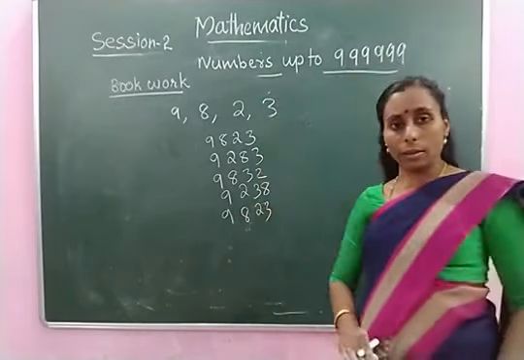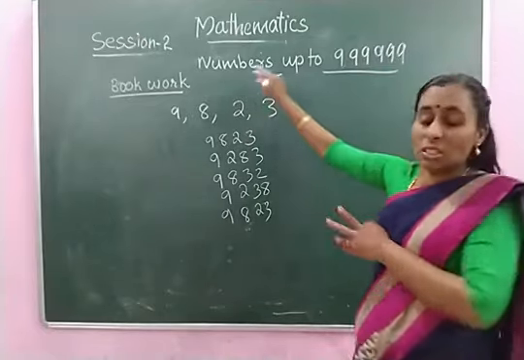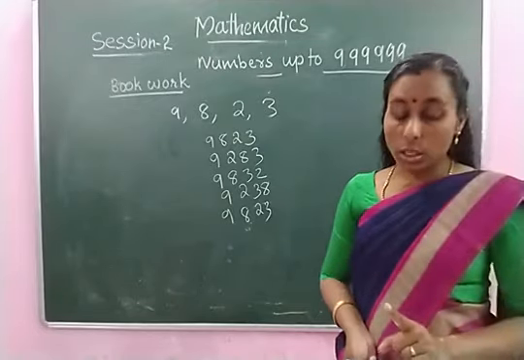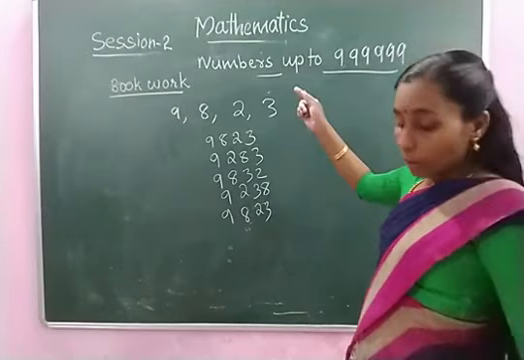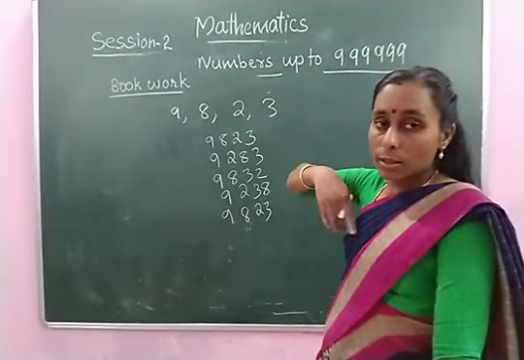Many numbers we can write by only using these 4 numbers. Okay. But here the question is the smallest 4-digit number by using these digits.